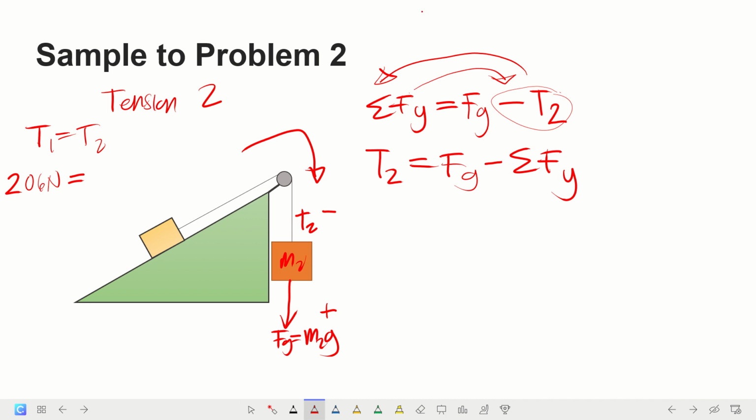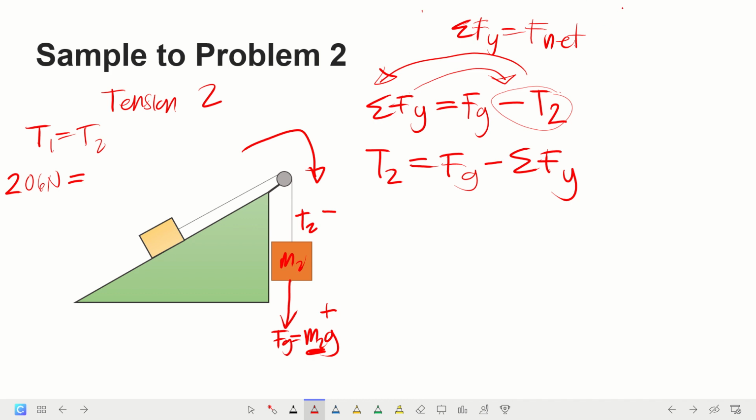So, yung Fg natin is equal to m2 times g, or the acceleration due to gravity. And thus, the summation of forces along y is net force yan, diba?